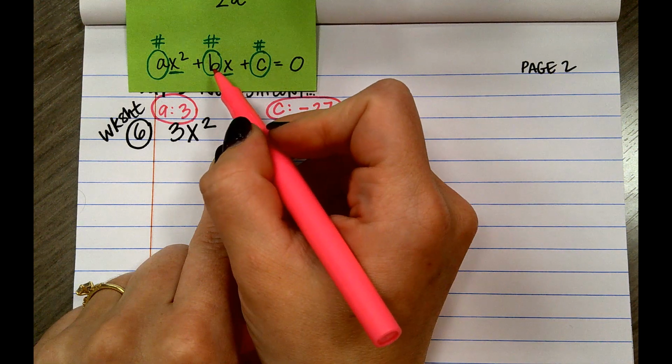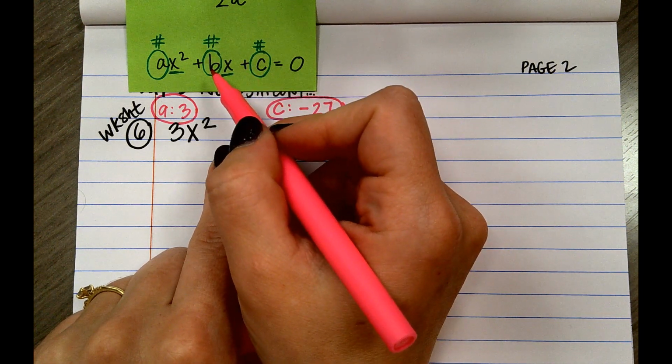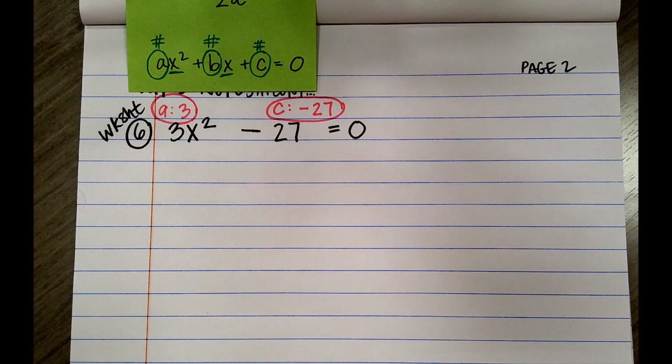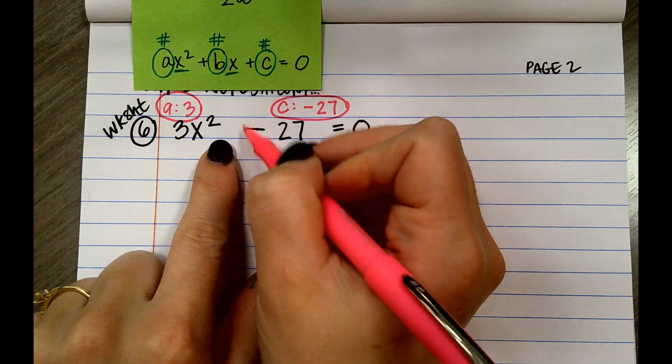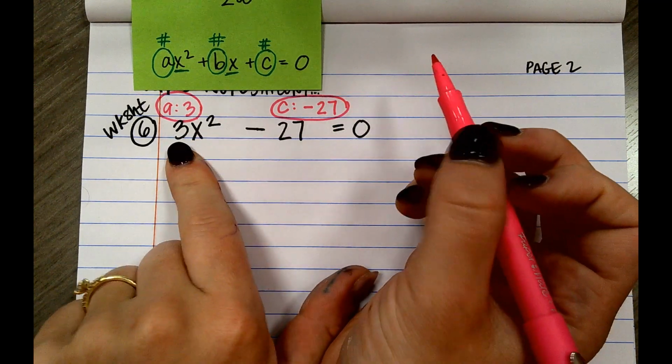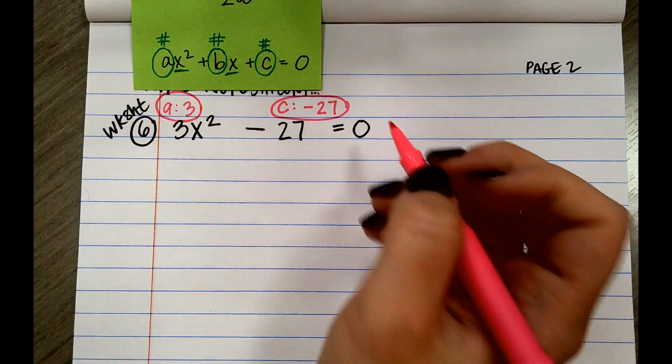If B is 0, well, 0 times X is still 0. So, if there is no term for B, or for C, or for A even, then it's 0.